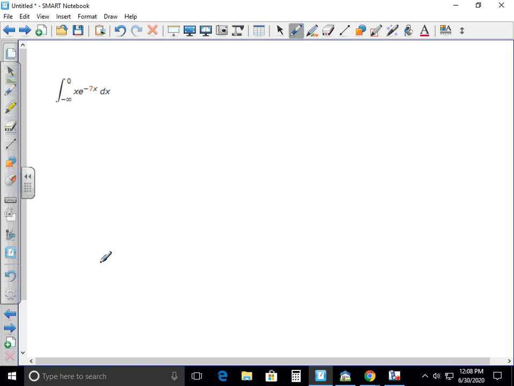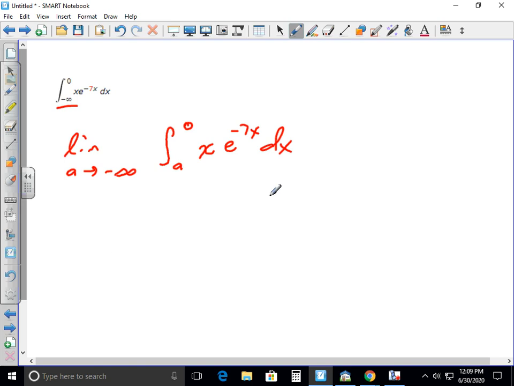All right, if we take a look at the next one, again, because of the negative infinity, we are improper. So we're going to rewrite this. We could integrate this by parts, and I would be prepared to do an integral similar to this on the test by integrating by parts. But since that's not the emphasis, let's use the table for this one.